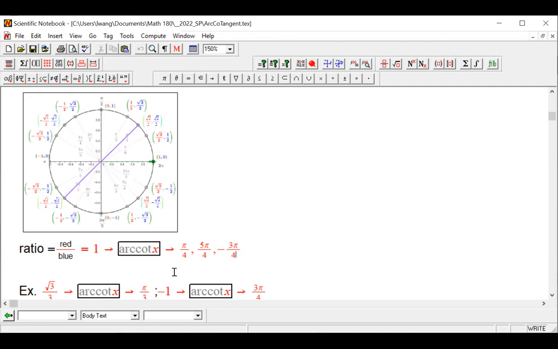I have many angles that correspond to that terminal that produces the ratio equals to 1. But this kind of phenomenon cannot be allowed by the function definition, because this rule produces how many outputs? More than 1. So this way, it cannot be allowed.